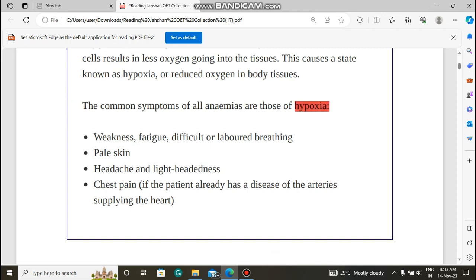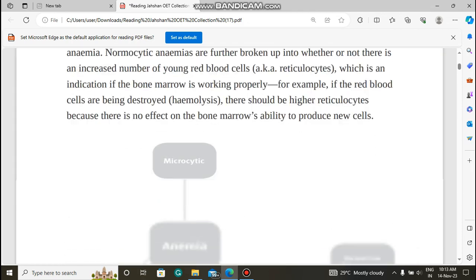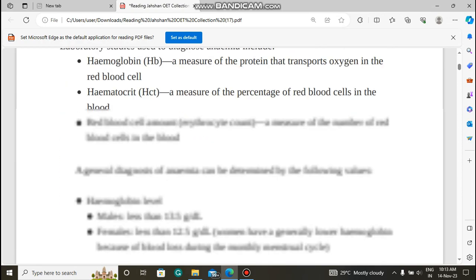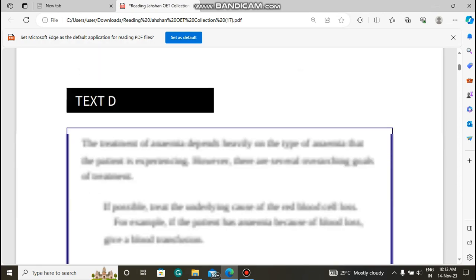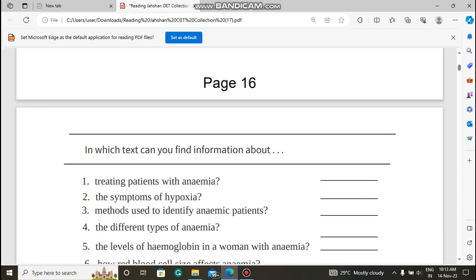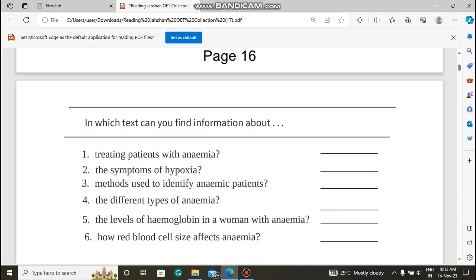Now let's move to the third question. Methods used to identify anemic patient. As I have asked you to read the important sentences, that means the first two lines or the last two lines of each paragraph. After going through that, methods used to identify anemic patient.